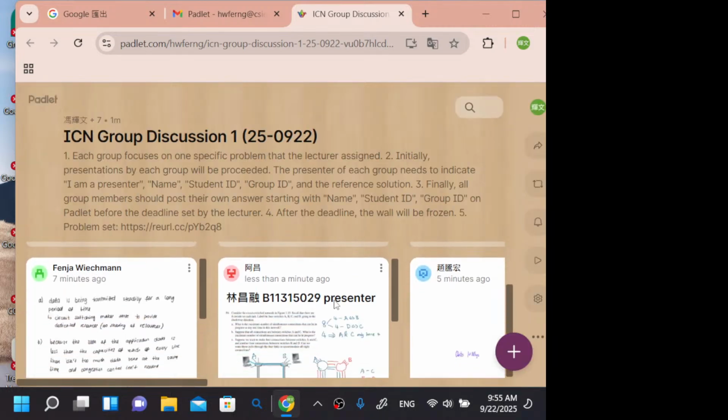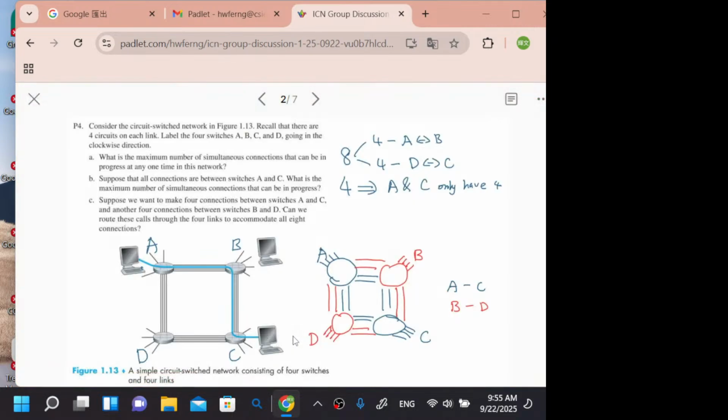Presenter, Lin Changlong, right? Okay, ready? Come here. It doesn't mean you need to go through all the content, but show me your answer first, and then emphasize some of them. You can use my mouse, just hold it like this, and the microphone.